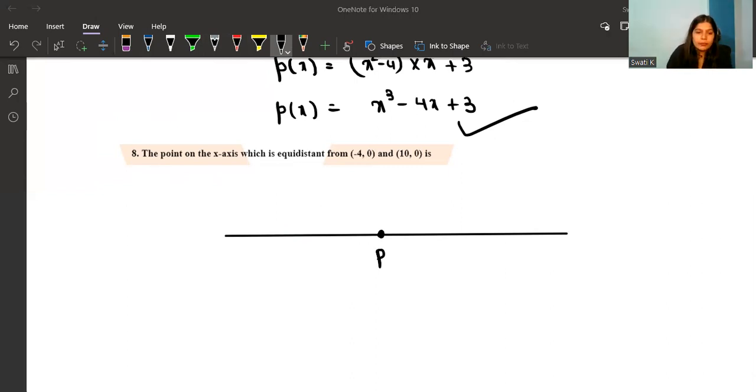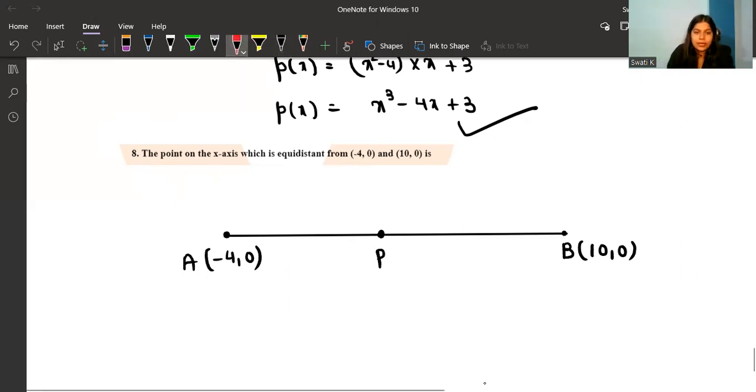So let us take one point as A (minus 4, 0), and then there is another point, let's take that as B (10, 0). Now it says that the point P is equidistant from point A and point B. What is the meaning of equidistant? It simply means that they are at the same distance. It means that the length of AP will be the same as the length of BP.